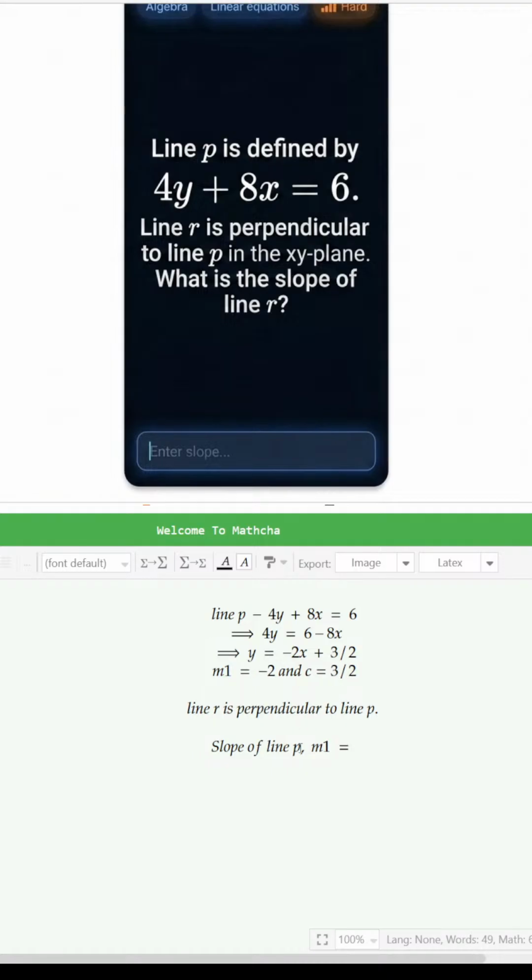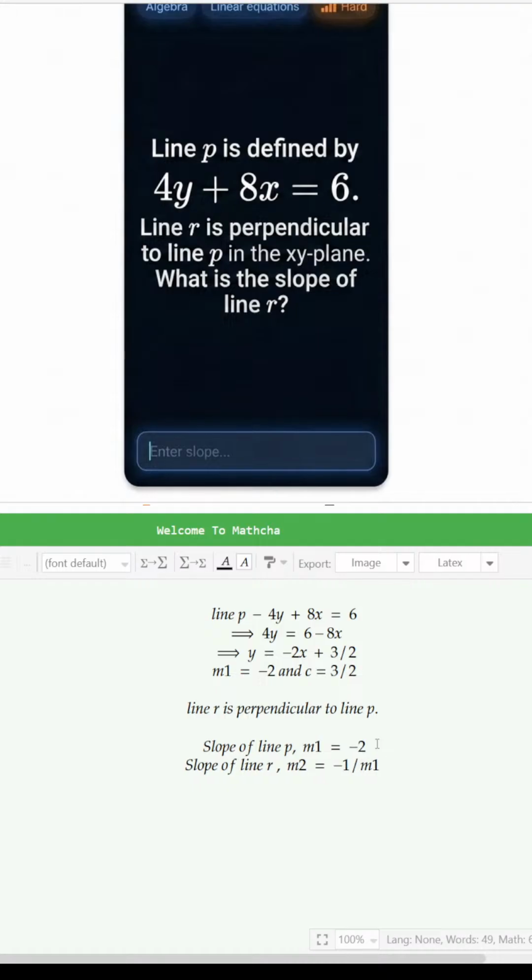Now we have to find the slope of line R. The slope of line P we know is minus 2, and the slope of line R, that is m2, will be equal to minus 1 by m1 as per the property of perpendicular lines.